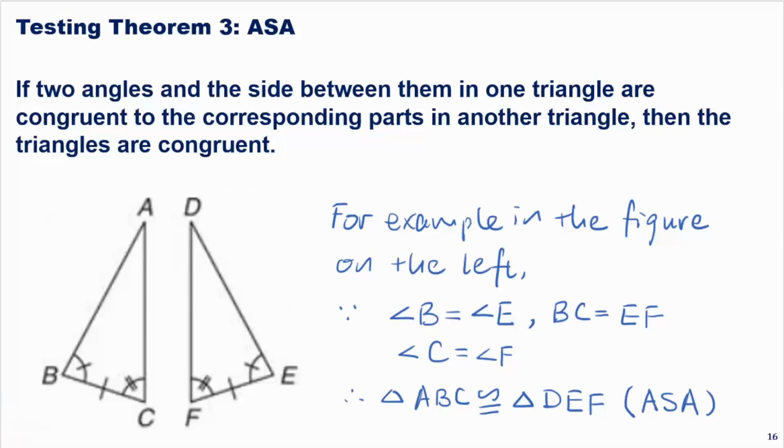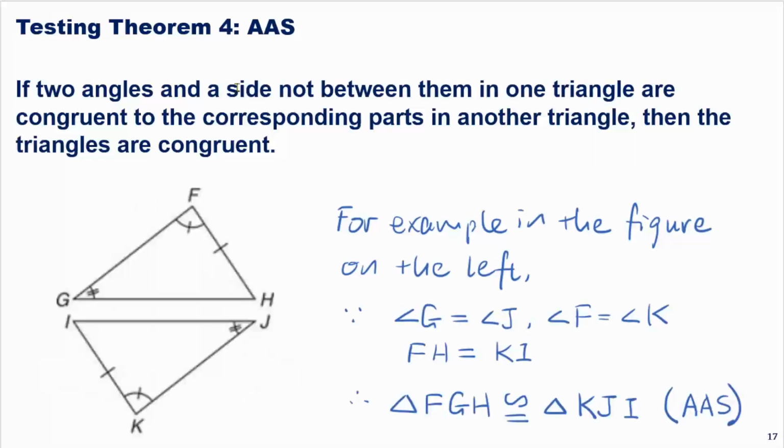For example, if we have a pair of triangles here on the left, because angle B equals angle E, BC equals EF, angle C equals angle F, then we can conclude triangle ABC is congruent to triangle DEF. Again, I'm not gonna prove this for you. Try to prove this by yourself after this class, okay?